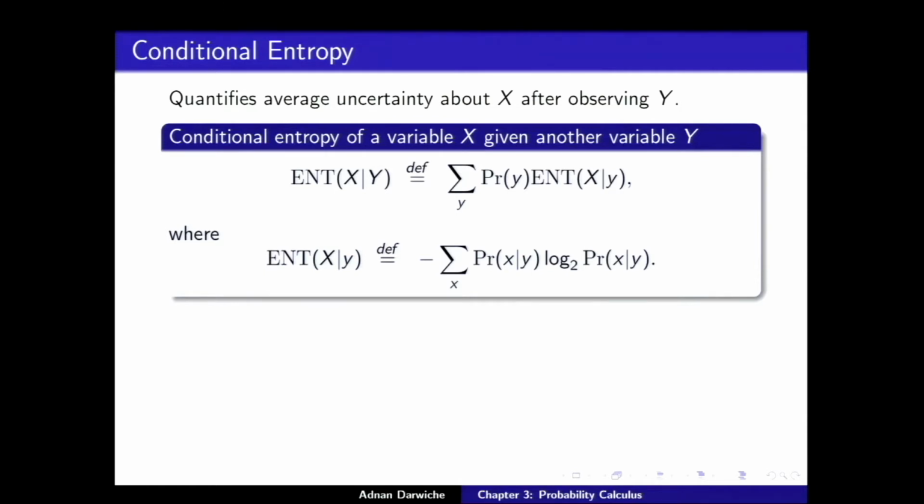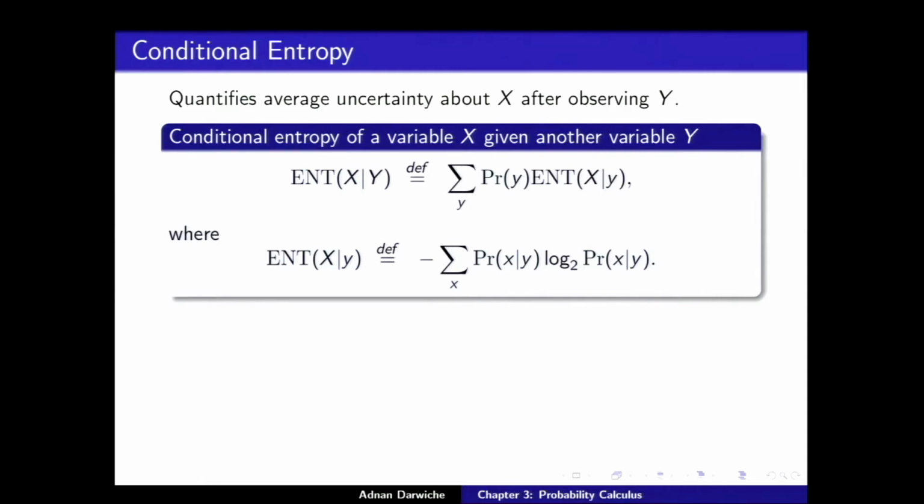And here's the number. Then you say, by the way, I'm about to observe the value of variable y. I'm going to measure y, and then what would happen to the entropy over x as a result? Now, here's the issue. I don't know what y will come out to be yet. But I know I'm going to measure it, and I want to know what will happen to the entropy of x after I measure it.